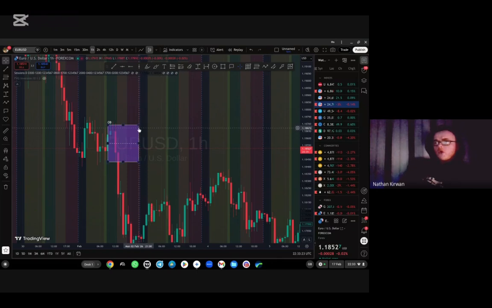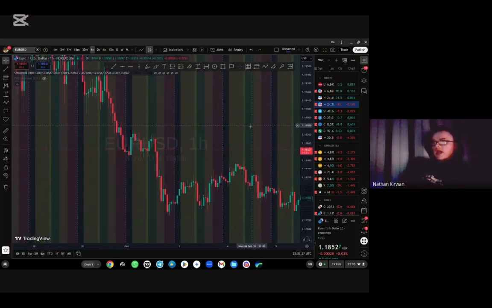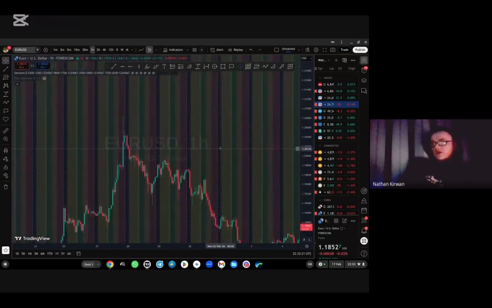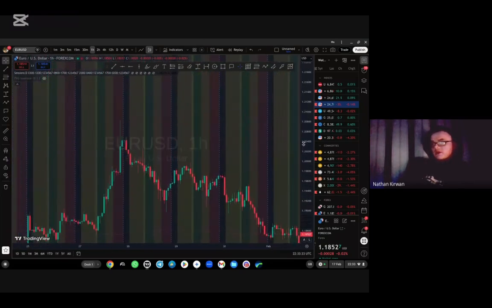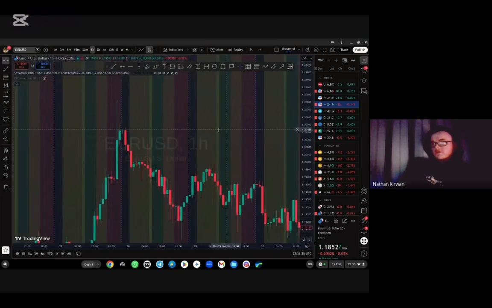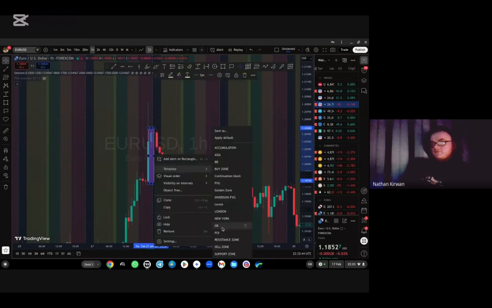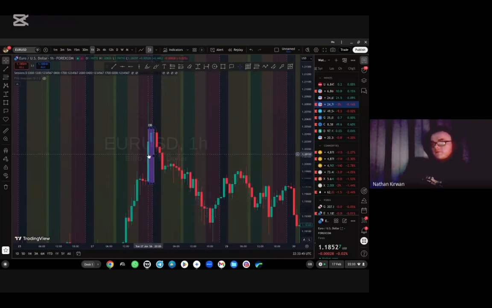But when we're looking at order blocks, it's important to note, let's say, for example, here's a perfect example. Say this is your order block.